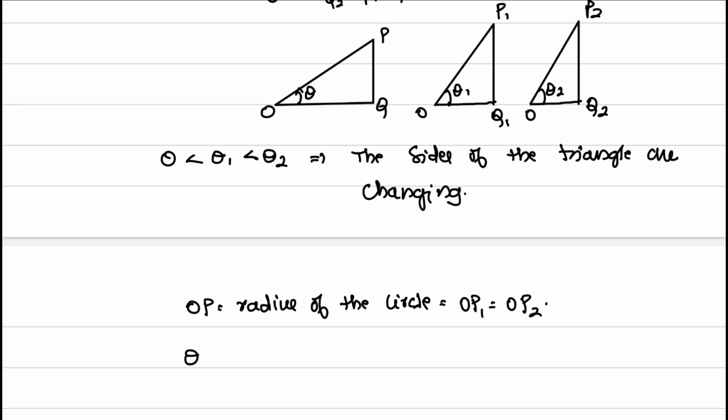As theta is less than theta 1, which is less than theta 2, from the figures we have drawn, the radius of the circle is called the hypotenuse. When theta is less than theta 1 is less than theta 2, what happens?